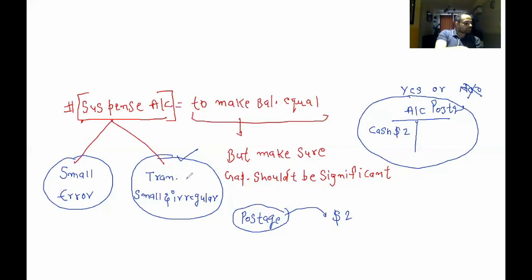Any questions regarding control accounts? That's enough for control accounts. So next week we will do situation 3 first, and then we move on to your task 5 and task 6, all right?